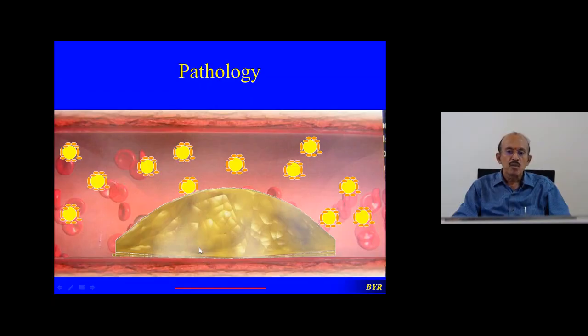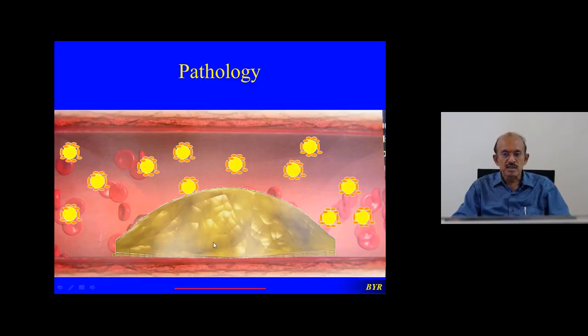Number one, because the elastic tissue is being replaced by this plaque, the elasticity of the vessel is lost, and the vessels become thick. It may be localized like this, or it can be diffuse. The whole vessel may be involved, which may have just a wax-like plaque, or fibrous plaque, or calcified plaque.